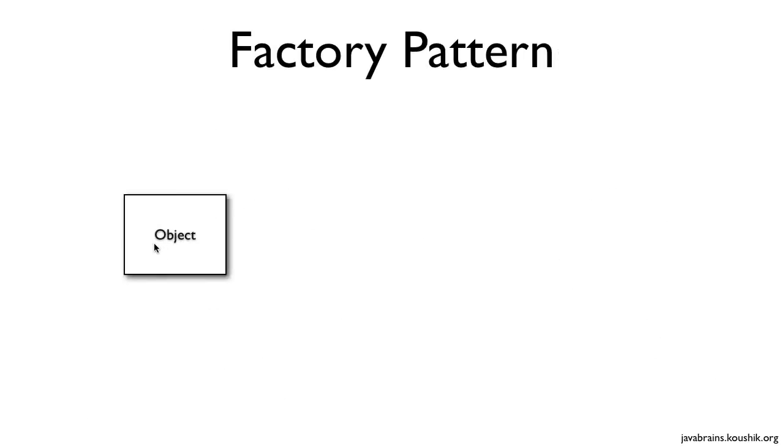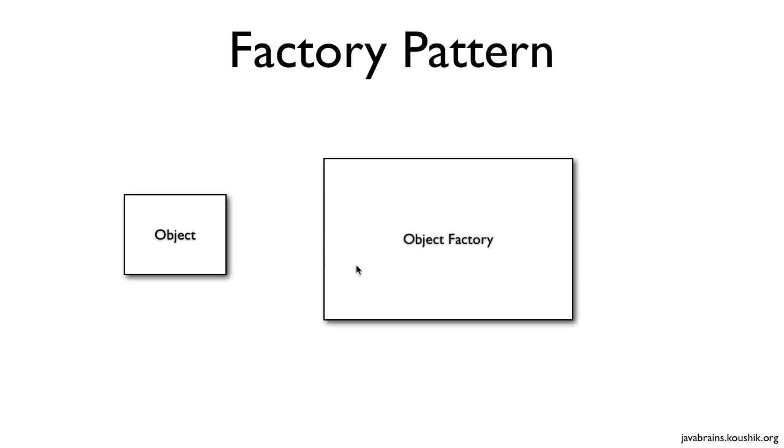Now again, I have the object here. Instead of creating a new object B, I make a call to another object which is a factory object. Now I have this object factory, which is again another Java object, but the whole job of this object factory is to create new objects and then hand it over to the object. It's analogous to an actual factory.